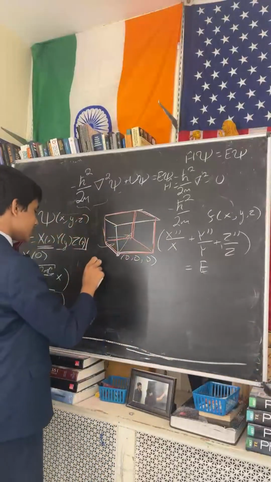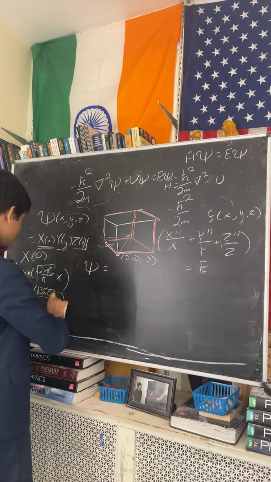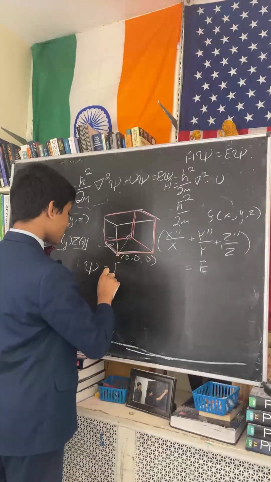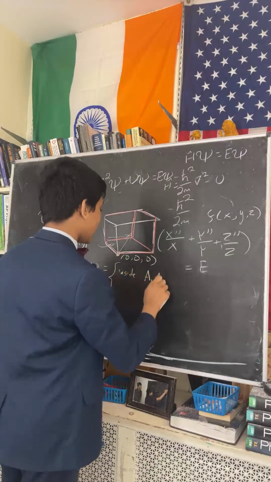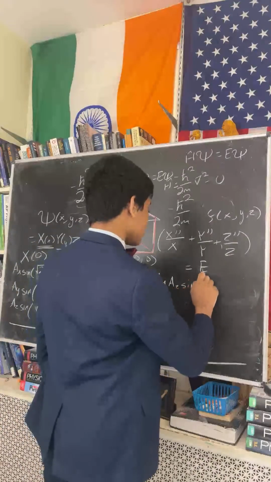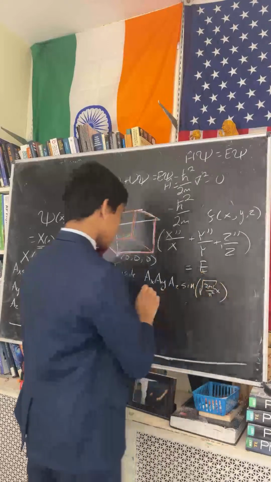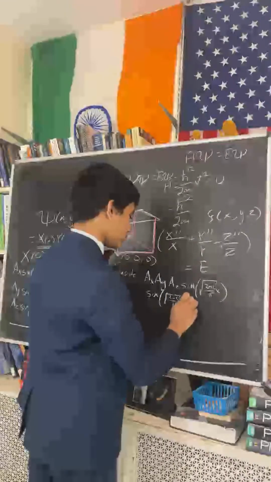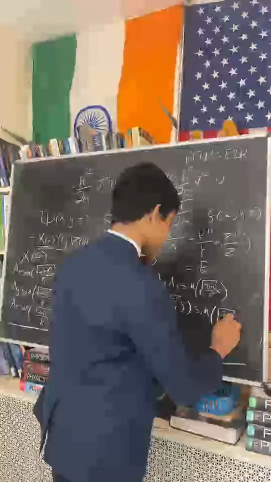The wave function inside is going to be Ax Ay Az sine of the square root of 2mc over h bar x, sine of the square root of 2mc over h bar y, sine of the square root of 2mc over h bar z.